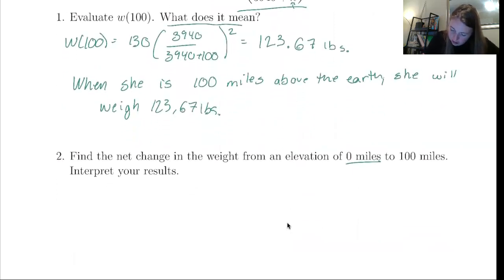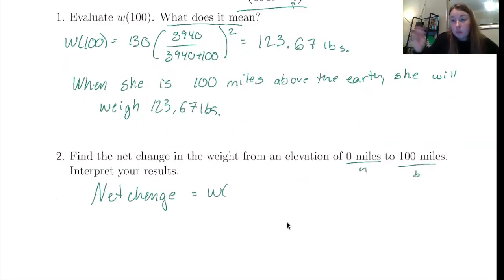Okay, so find the net change in weight from elevation 0 miles to 100 miles. Interpret your results. So net change will be W of, this is our A to B scenario, so it would be W of B minus W of A. So B here would be W of 100 minus W of 0.